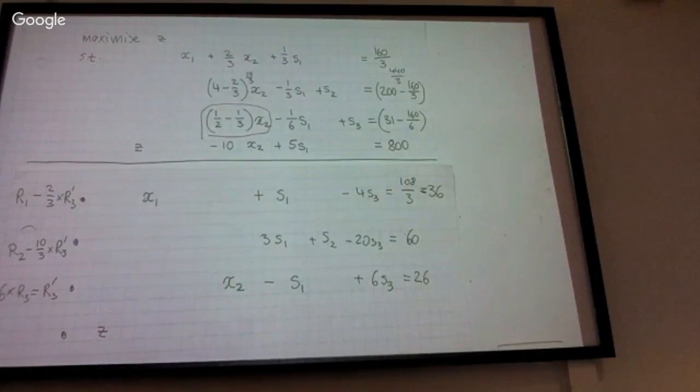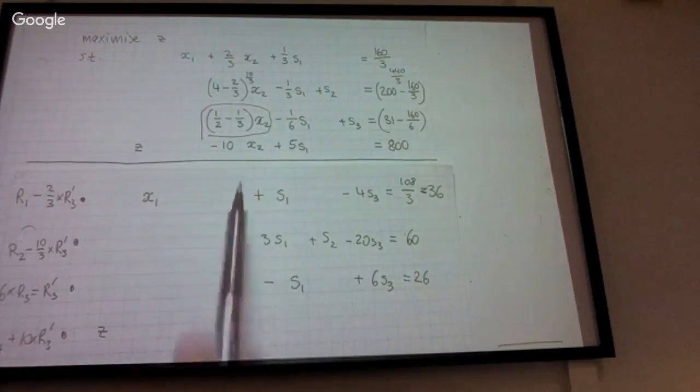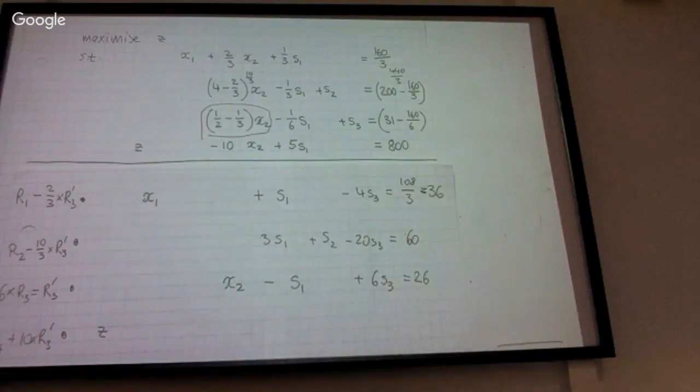So what am I doing here? This is row 4 plus 10 times the new row 3, because I want 0 there. Okay, so 10 times x2 minus 10 times x2. Now we've got minus 10. We get minus 5 s1 there.